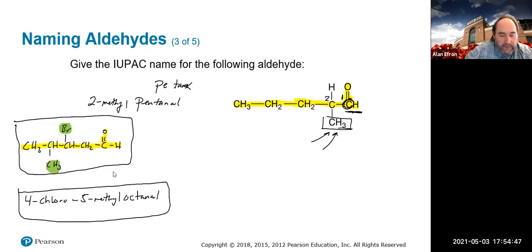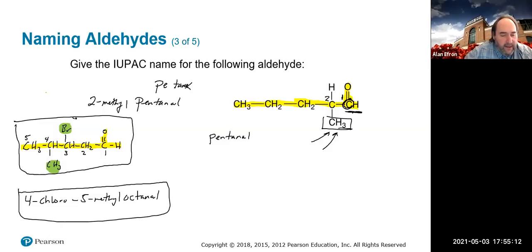So we'll start with the carbons, which is 5. Much like the other one, that's going to be based off of pentane. That's going to give us a pentanal. Remembering again, we don't need to give the location of this guy here, but it is going to be carbon 1, which means that's going to be carbon 2, that would be carbon 3, that would be carbon 4, and that would be carbon 5.